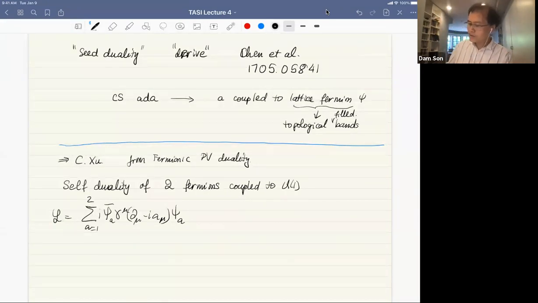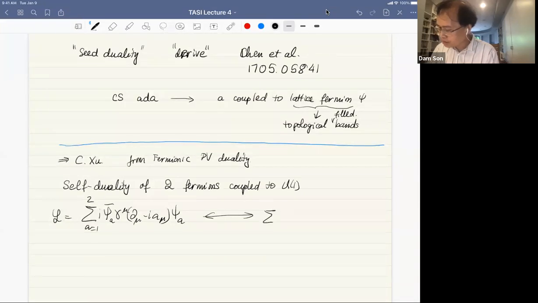Okay, so this theory is already easier to put on the lattice since they have two fermions. Right? Don't have to violate the fermion doubling. So the claim is that this theory is self-dual in the sense that there is a map of this theory to itself, a theory that looks like itself with a different gauge field.